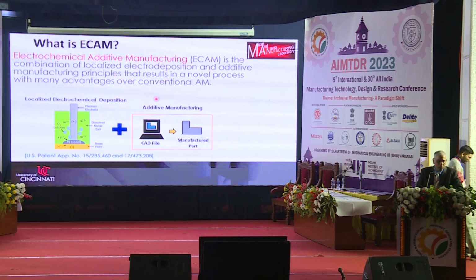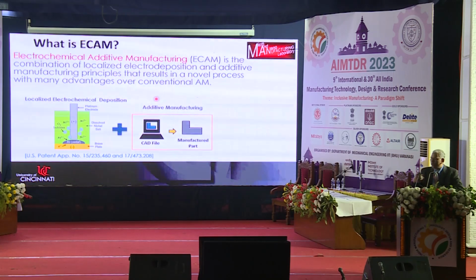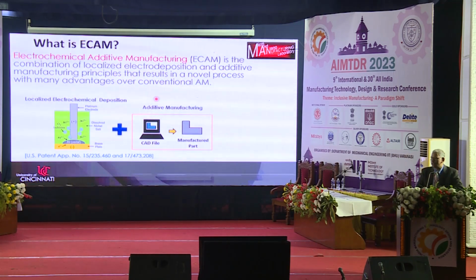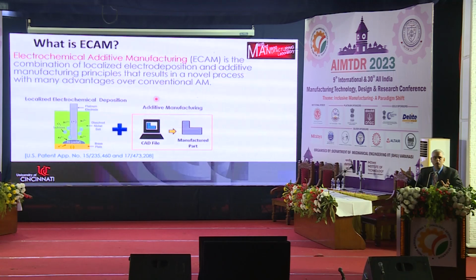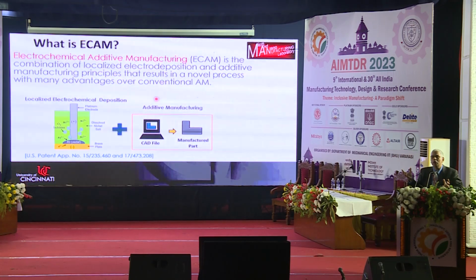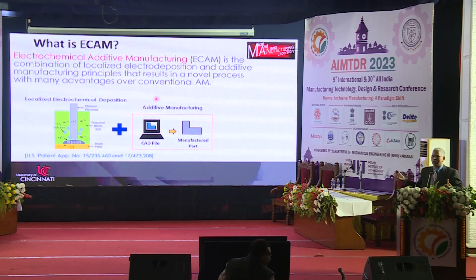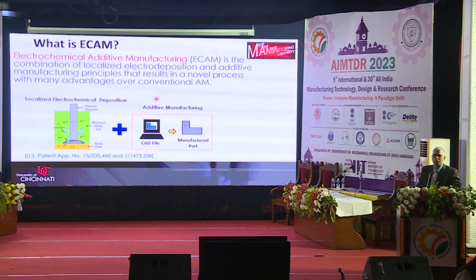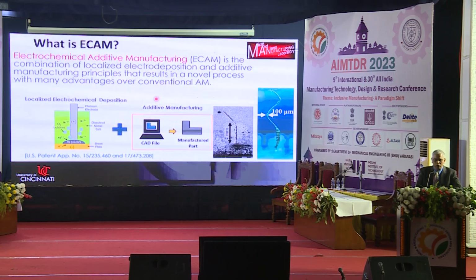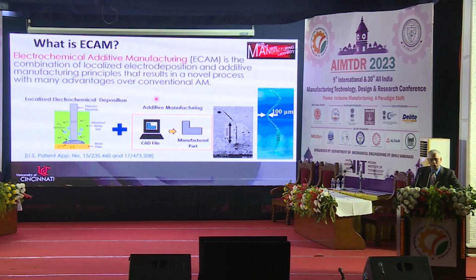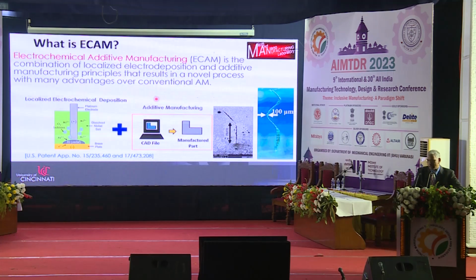That is the idea. So you try to combine localized electrochemical deposition and the concept of modeling your design, what you want to do, and then trying to make a physical object of your model, right? That is the fundamental of additive manufacturing. So are you able to do these kinds of things? What I'm showing you here are some of those examples.